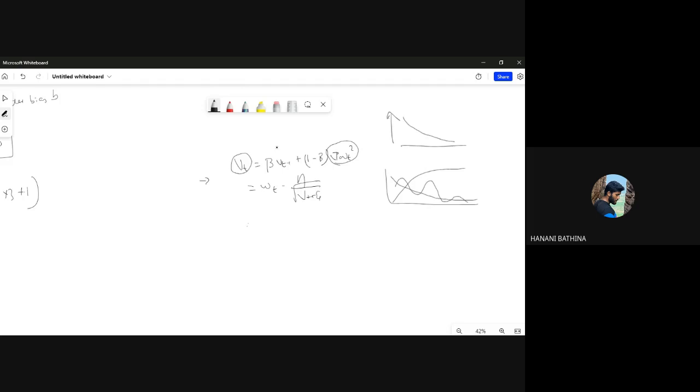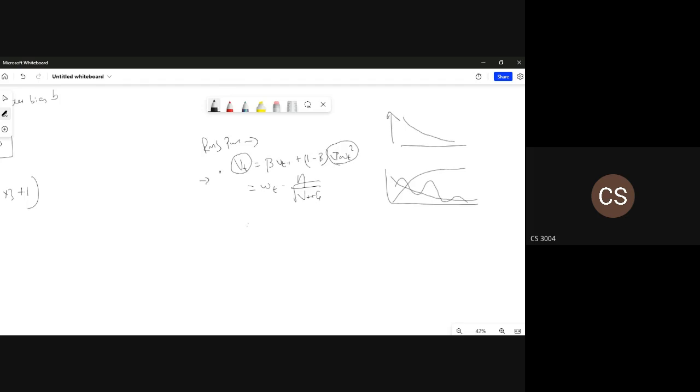Is my understanding correct? Yeah, beta is restricted to, I mean, it is a convex combination. To be strict, it is restricted to between 0 and 1. That's true. There is a chance that the learning rate could increase or decrease or remain constant, where it gets stuck. Maybe it keeps oscillating.